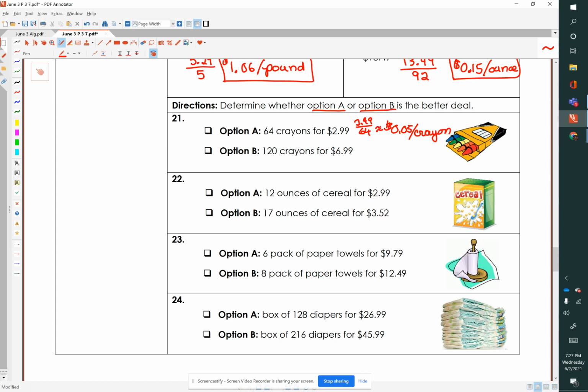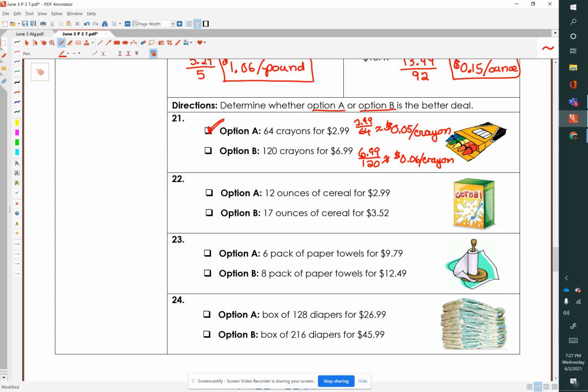And remember, that's approximate. Or 120 crayons for $6.99. And that would be about 6 cents per crayon. So the better bargain is definitely option A.